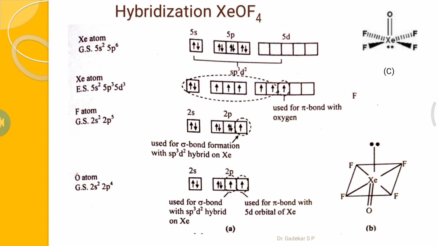Next is the F atom. The ground state fluorine atom has an unpaired electron.